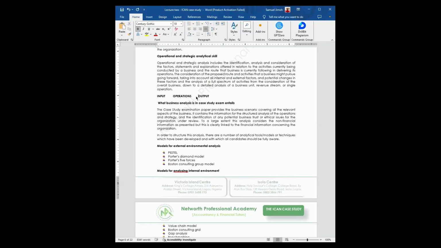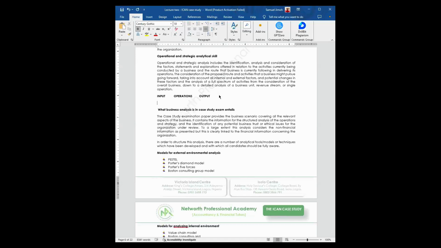So what we are saying is that business analysis or operational and strategic analytical skill comes in such a way that we are looking at what are those issues that might be affecting the businesses in terms of the input.